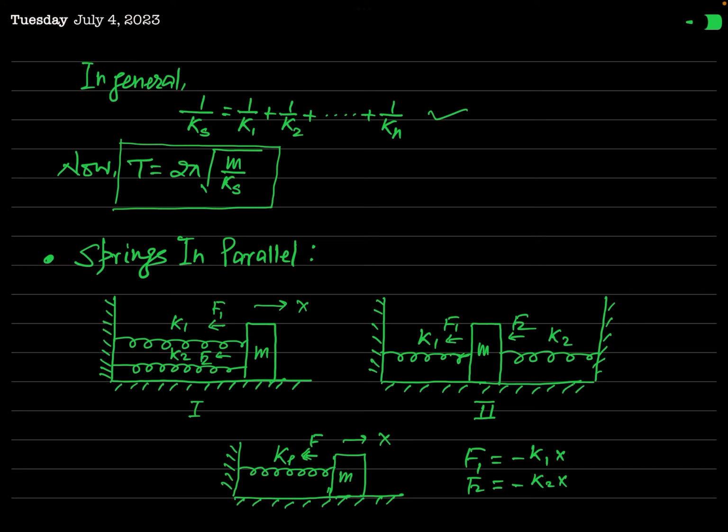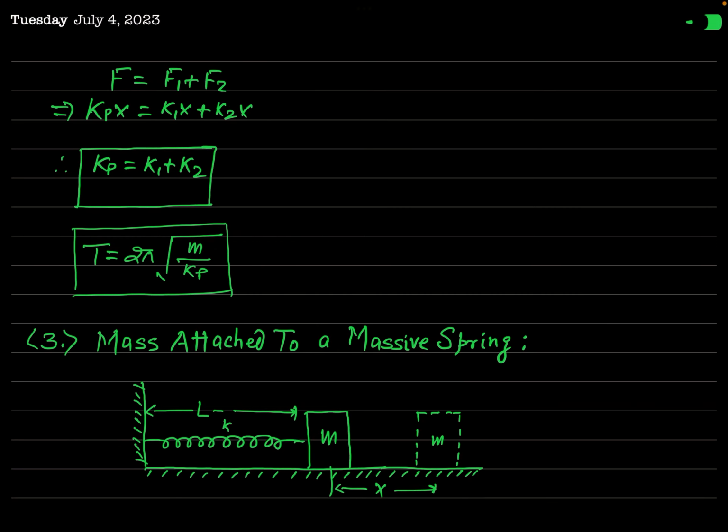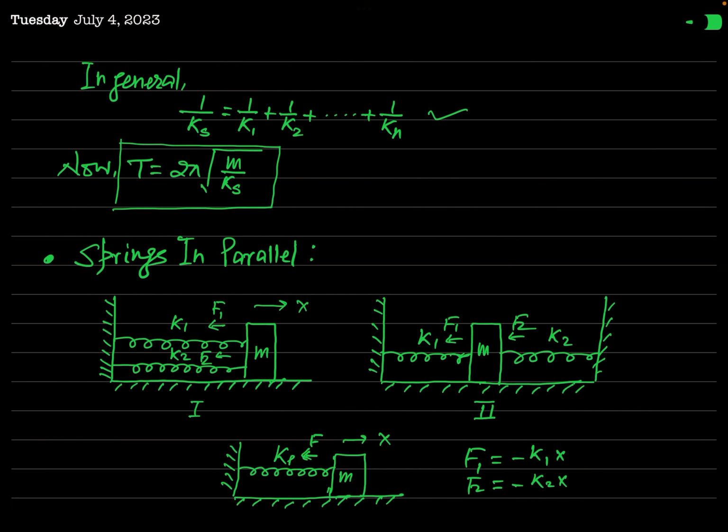So in this case, the resultant force F will be equal to what? The net force acting on this block will be the sum of F1 and F2, because both F1 and F2 are acting in the same direction. So F is equal to F1 plus F2. But for getting the value of F, you can see this equivalent figure.